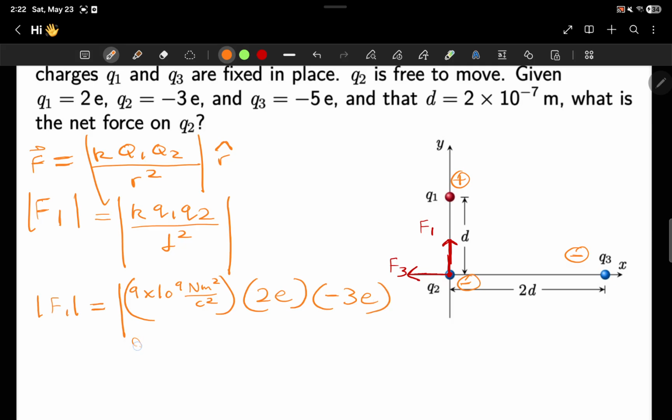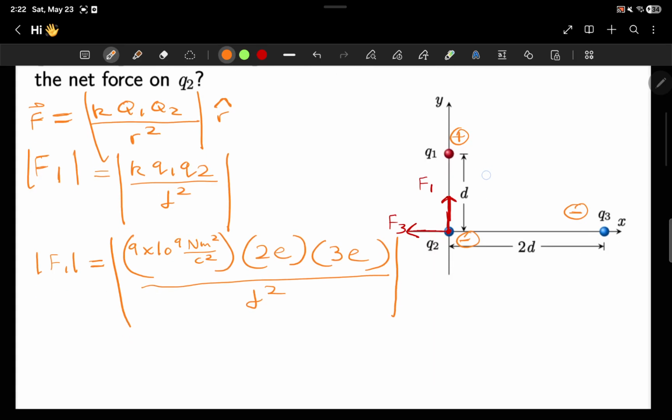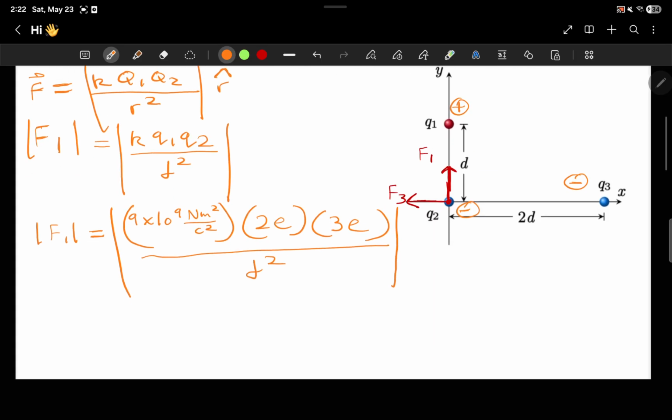But remember, since we're taking the magnitude, that negative sign disappears. So that's charge 1, and that is charge 2, divided by d squared. I haven't plugged in all the numbers on purpose. Now I'll do that.